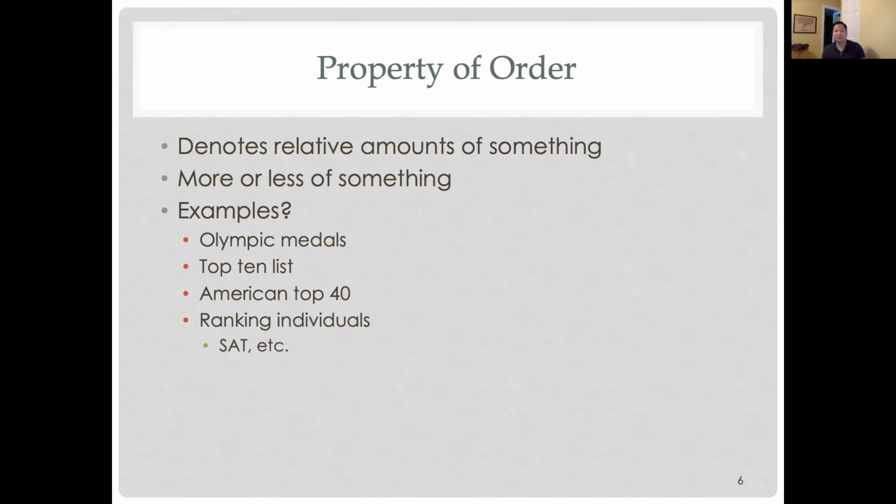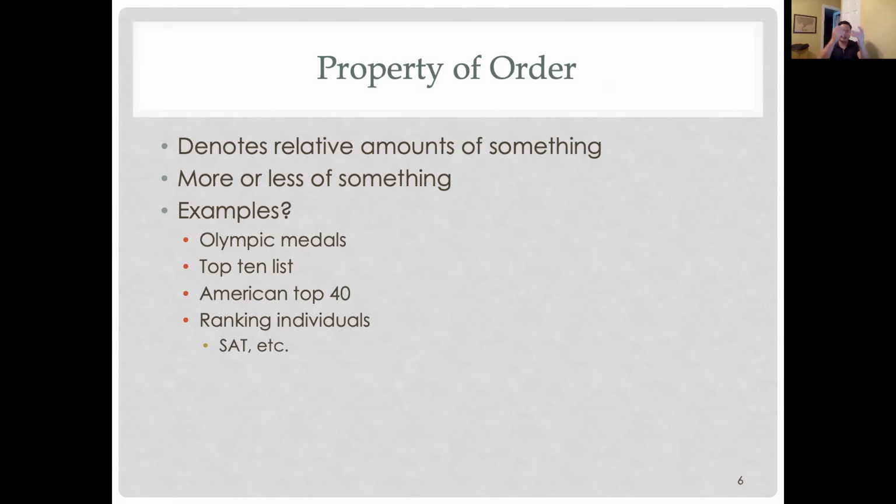We're not saying how much smarter. We're just ranking you on who is first, who is second, who is third. So this ranking is a property of order, even if it doesn't tell us exactly how much you have. But it is more complex than our previously mentioned identity.